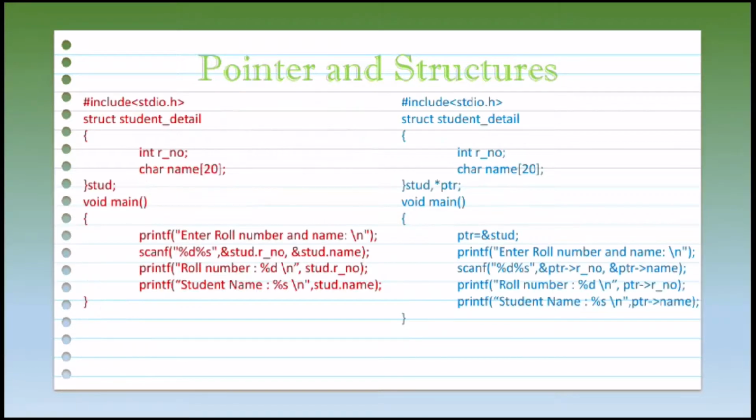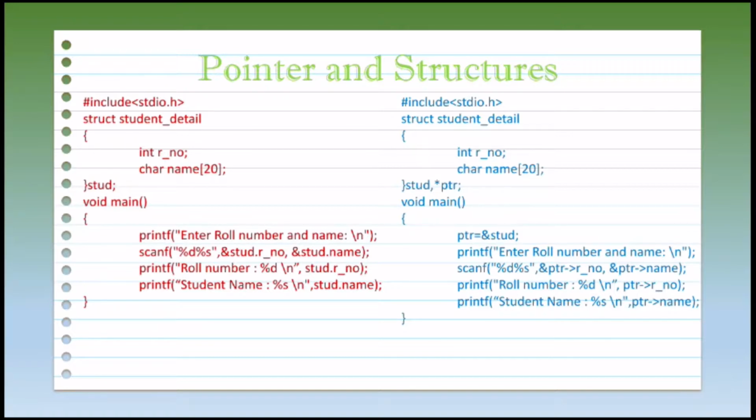Now we will look at one example. So these are the two examples. In first example, that is in red one, we have just declared structure variable and we are trying to access, whereas in second example we are trying to access members by using the pointer variable. So if you look at both the examples, declaration is almost similar.